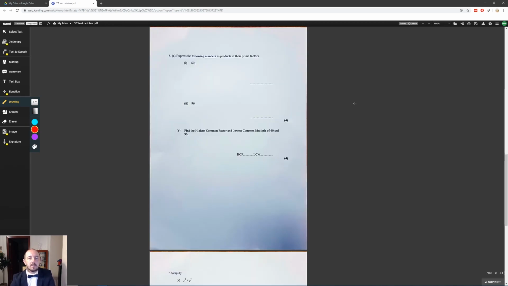Express the following numbers as products of their prime factors. So we do our factor trees like so. So 60 is equal to 2 times 2 times 3 times 5, which is 2 squared times 3 times 5.